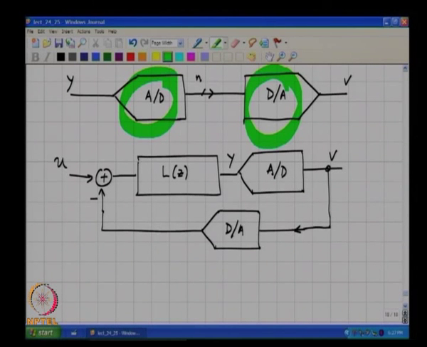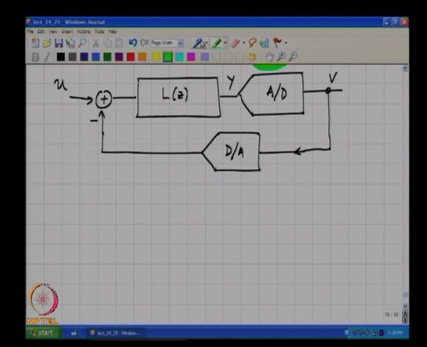What is the D to A converter doing? Let us say you had a 2-bit word and you want to convert it into an analog quantity. What will you do?